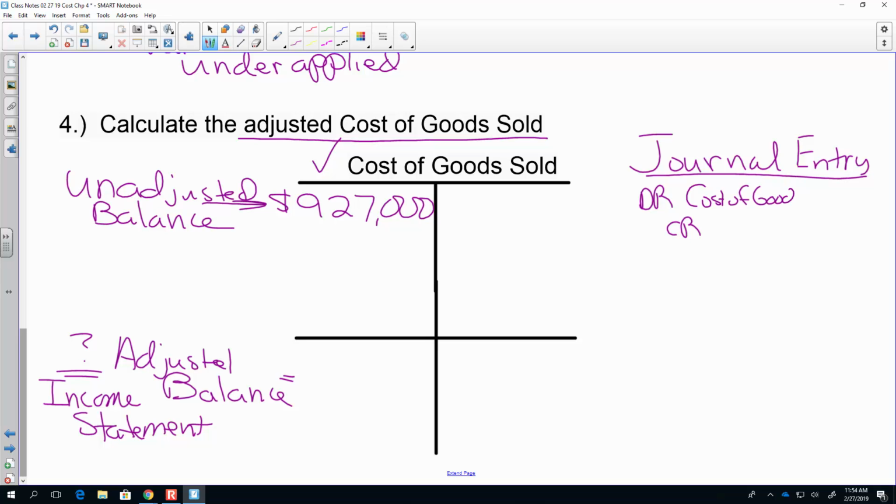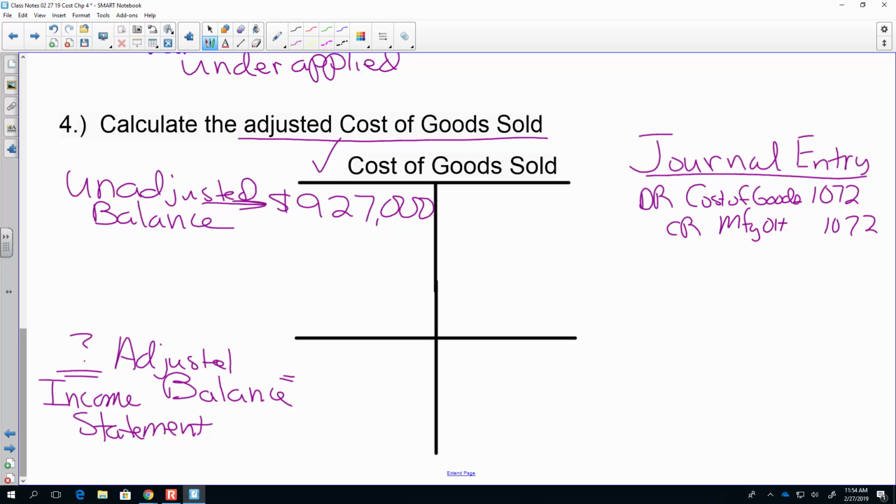How much, Michelle? 1,072. Good. And what am I crediting? And then you're going to credit manufacturer overhead control. Yeah, I can't fit it all in there. You're exactly right. Very good. Thank you. Excellent. Now, if it was over applied, the entry would be reversed, right? Yeah.